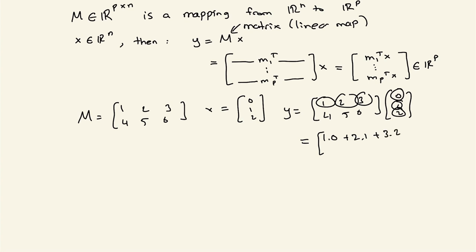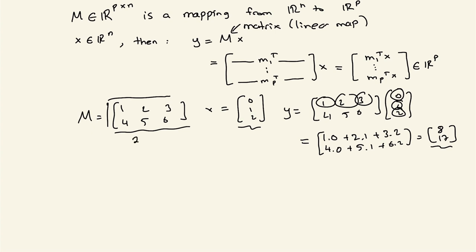Likewise for the second row, 4 times 0 plus 5 times 1 plus 6 times 2. You are going to get 8 and 17. Again, x was three-dimensional. It converted to a two-dimensional vector. So this is a 2 by 3 matrix.